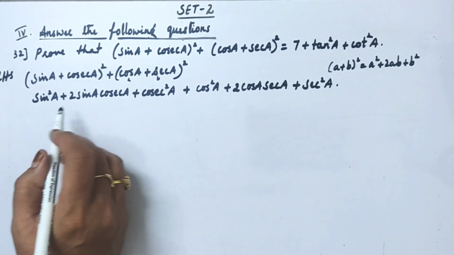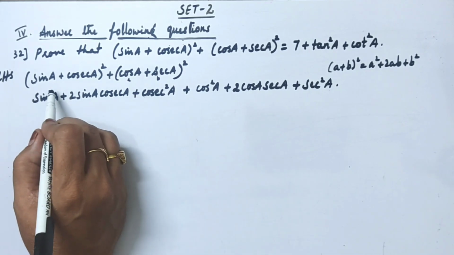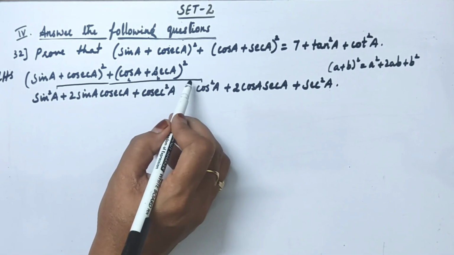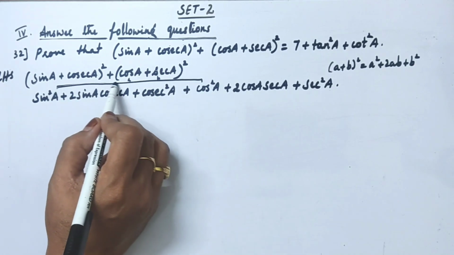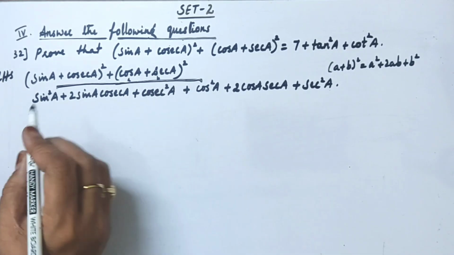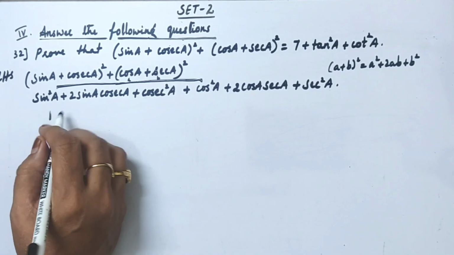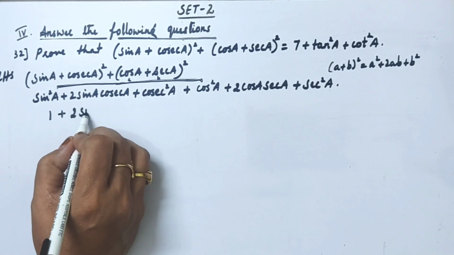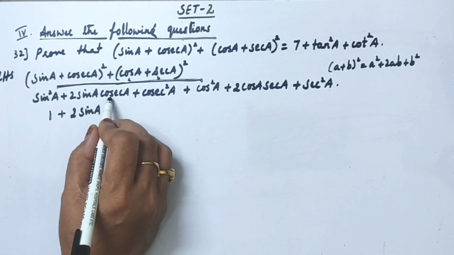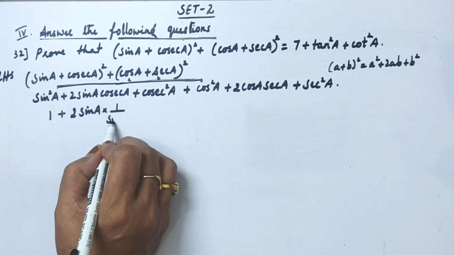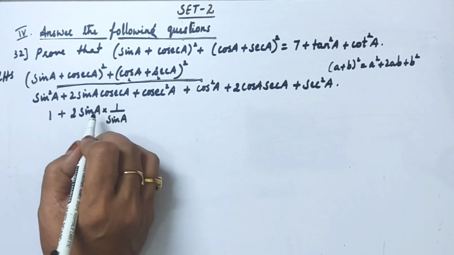Now we know the identity, sine square plus cos square equals 1. This is 1 plus, now here 2 into sine A. Cosecant A is nothing but 1 upon sine A, that means it is the reciprocal of sine.